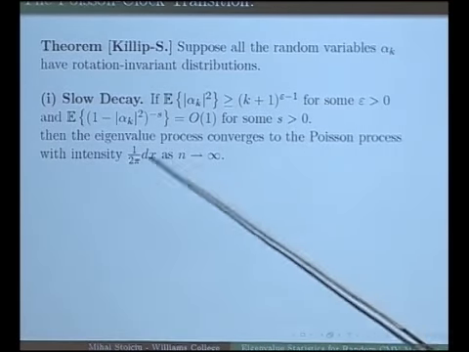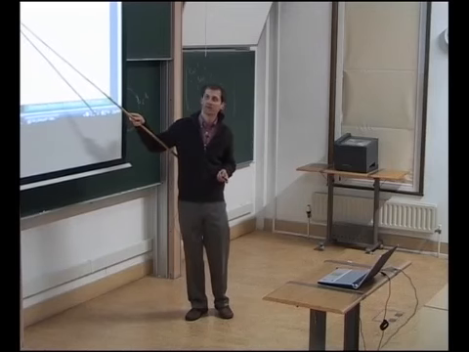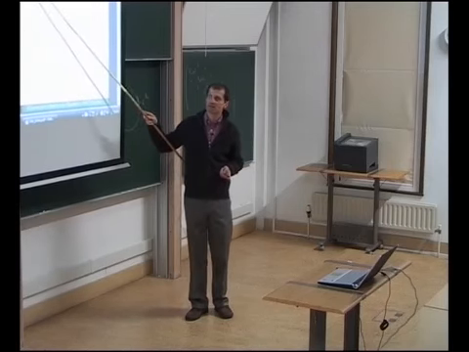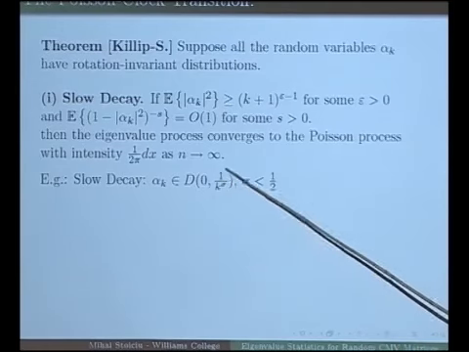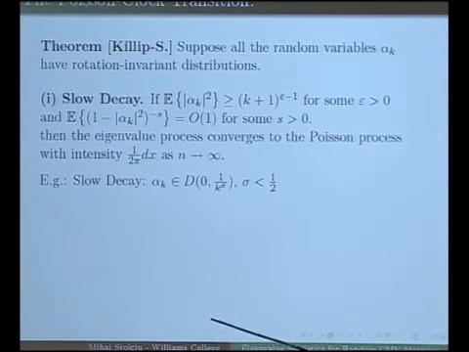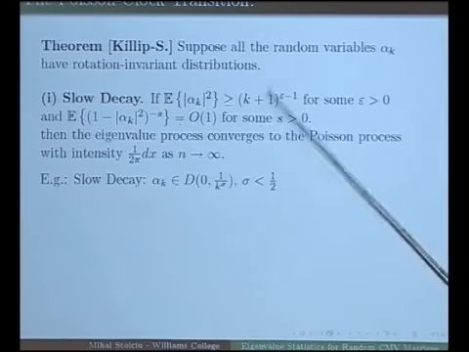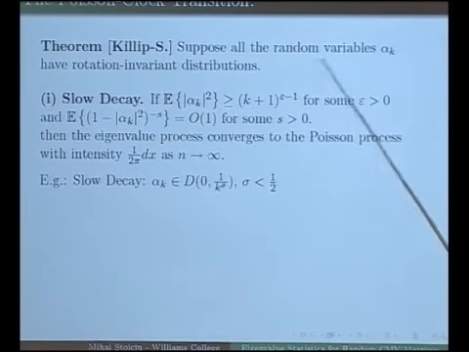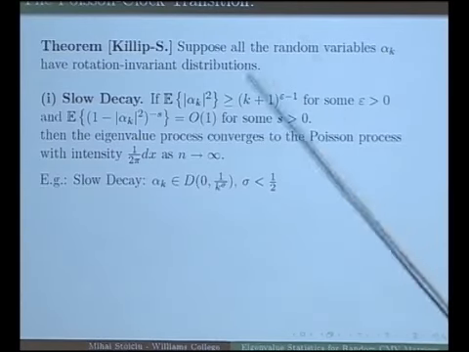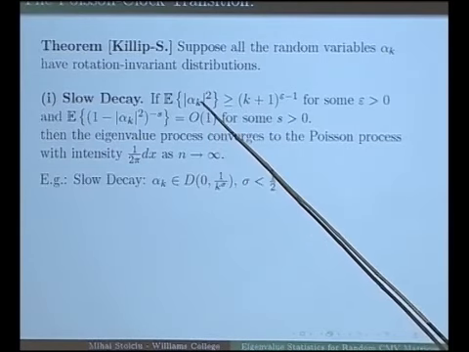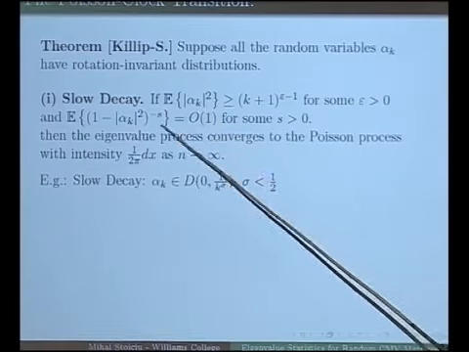And there is a technical condition, so I need this to be small, a fractional power. Then the eigenvalue point process converges to a Poisson point process with this intensity. For example, 1 over k to sigma, where sigma is smaller than 1/2.